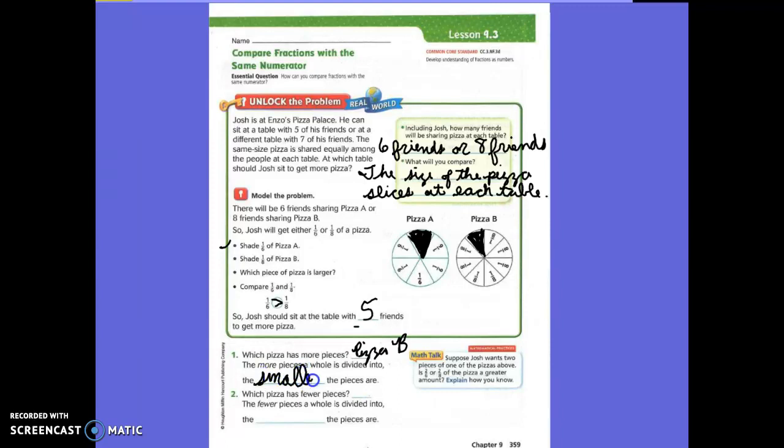So even though you are cutting into more pieces, they are going to be smaller pieces. And which pizza had the fewer pieces? Callie? Pizza A. And that tells you the fewer pizza pieces it's divided into, the bigger the pieces are.